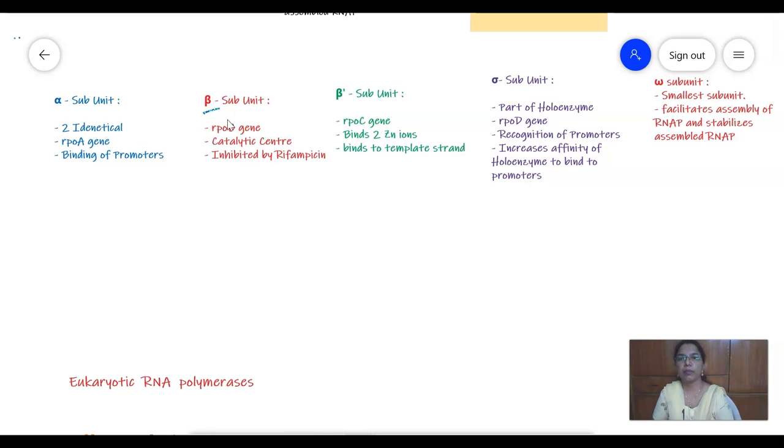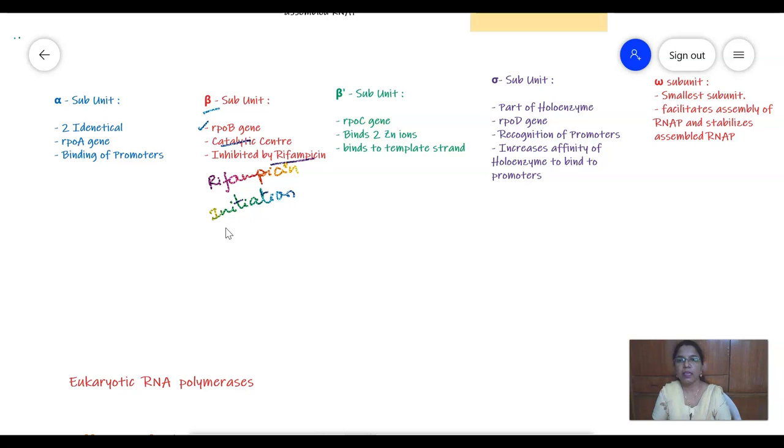Next is the beta subunit encoded by the RPOB gene, and it is the main catalytic center. It is inhibited by rifampicin, an antibiotic which inhibits the initiation process of transcription but not elongation and termination.